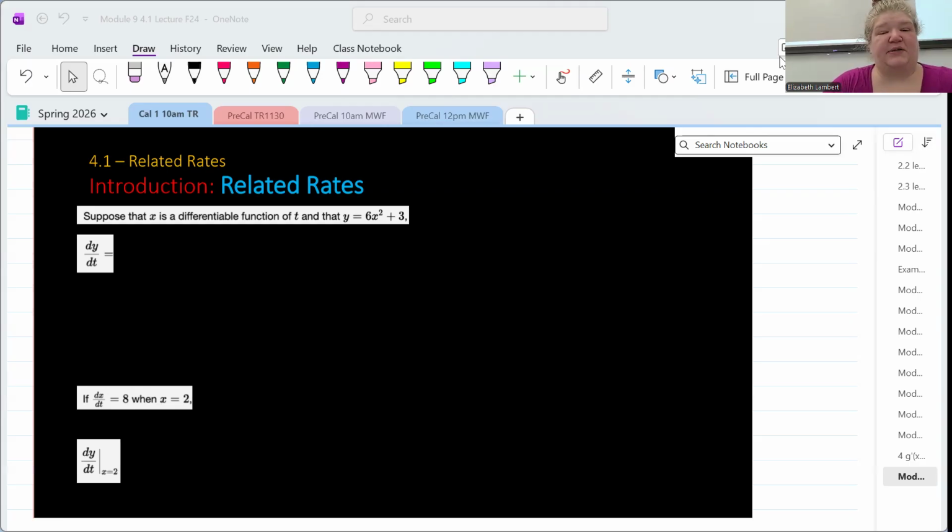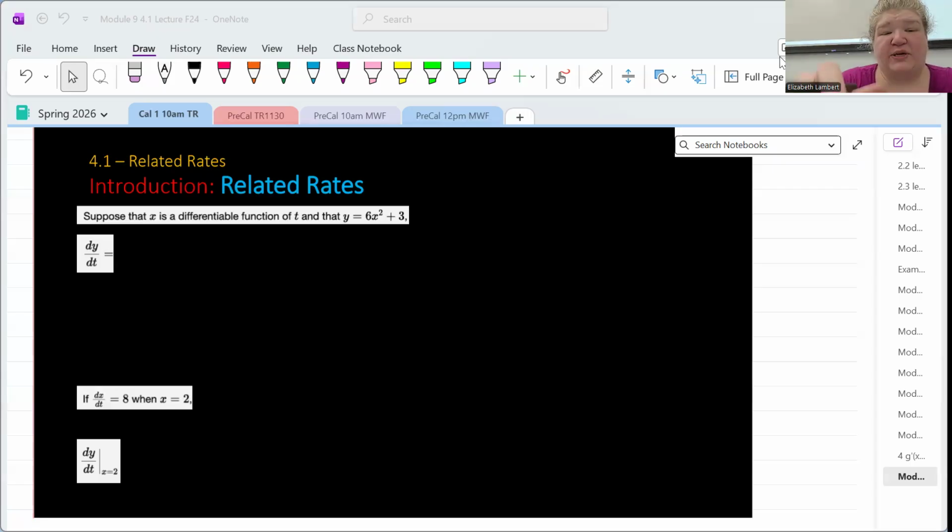So our setup here, suppose that x is a differentiable function of t and that y is 6x squared plus 3. When we did implicit differentiation, we took the derivative like normal, but anytime we took the derivative of y, we put dy dx next to it as part of the chain rule.